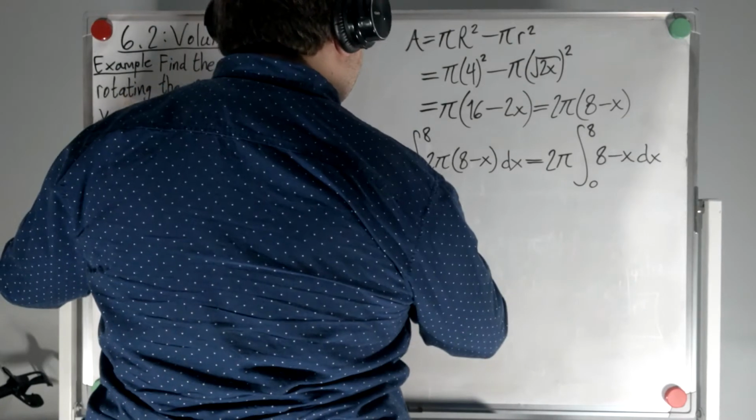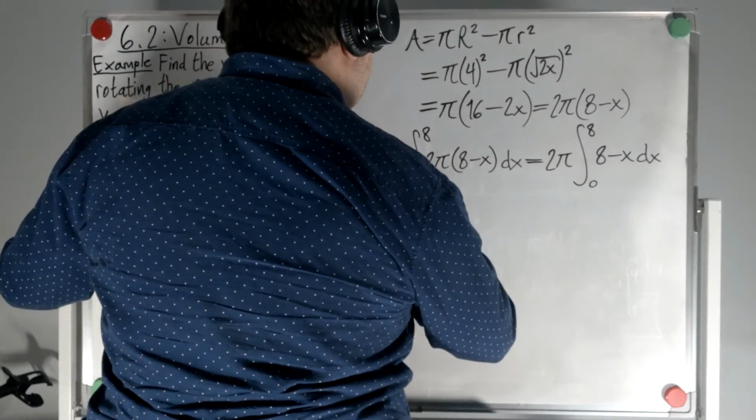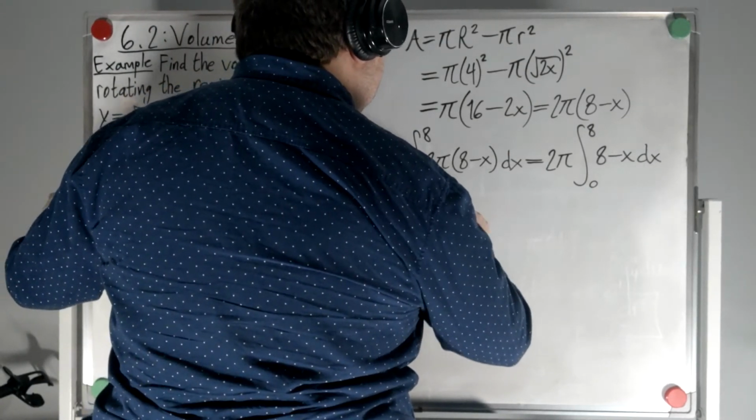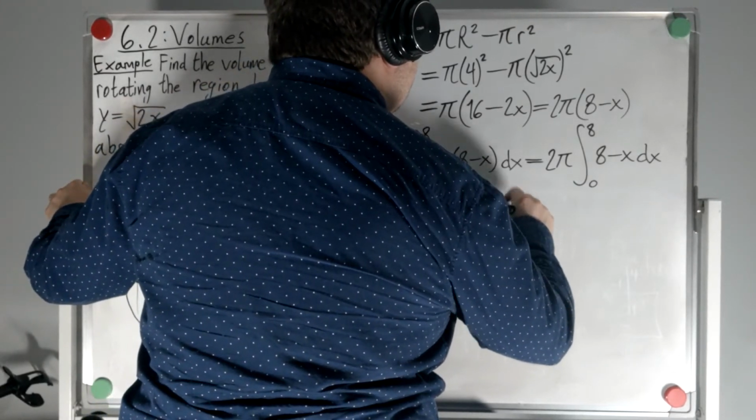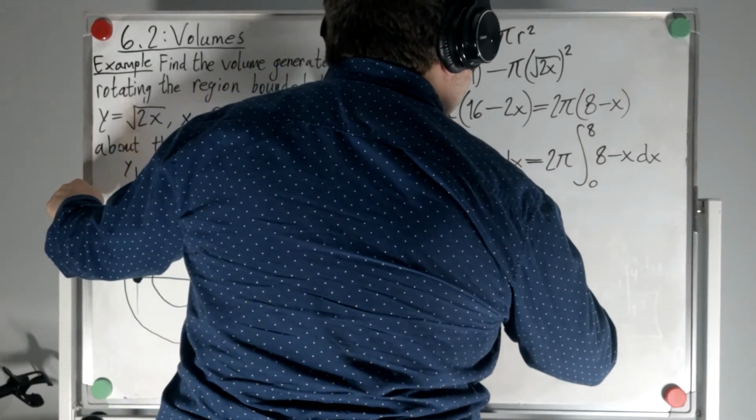You do that antiderivative, you just get 2 pi times 8x minus 1/2 x squared, evaluated from 0 to 8.